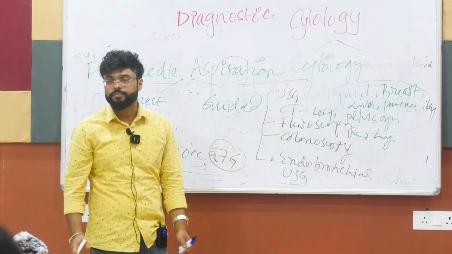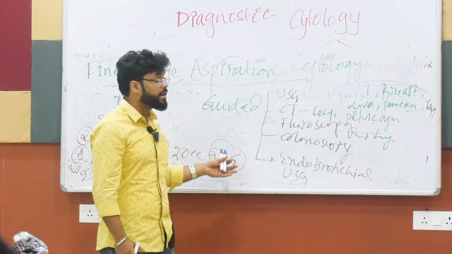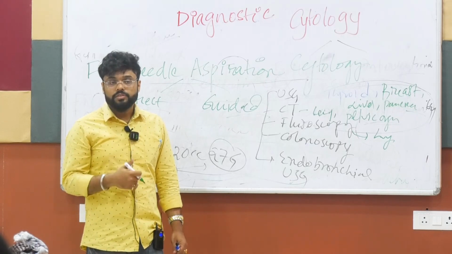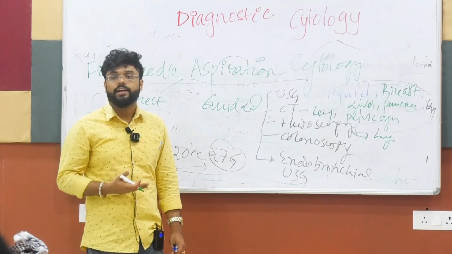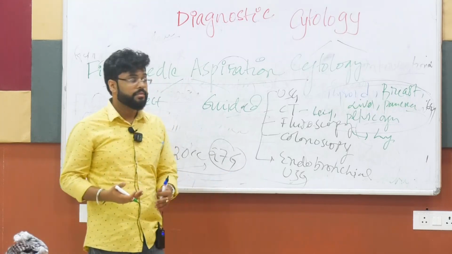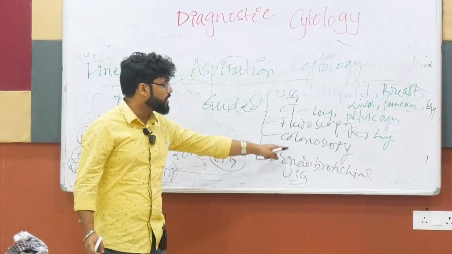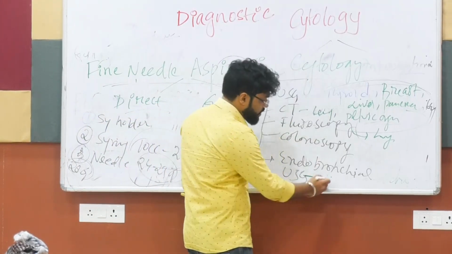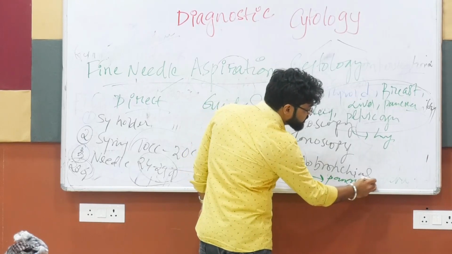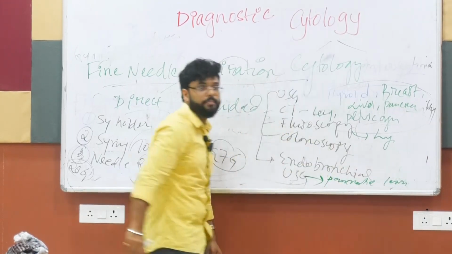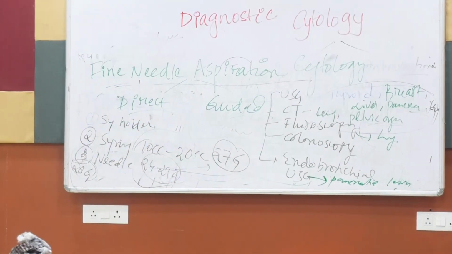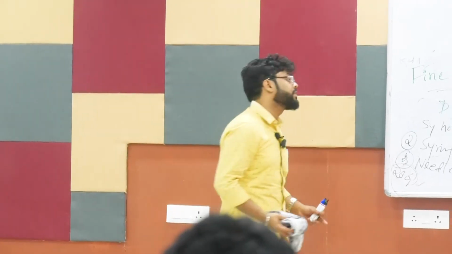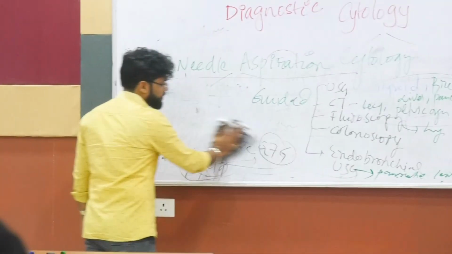Colonoscopy, of course, is for colon, and endoscopy guided, I mean upper GI endoscopy. If it is lower GI, then the sample is taken under the guidance of colonoscopy. And endobronchial USG is useful for diagnosis of pancreatic lesion. Okay, so these are the types of FNAC we can do with a patient.